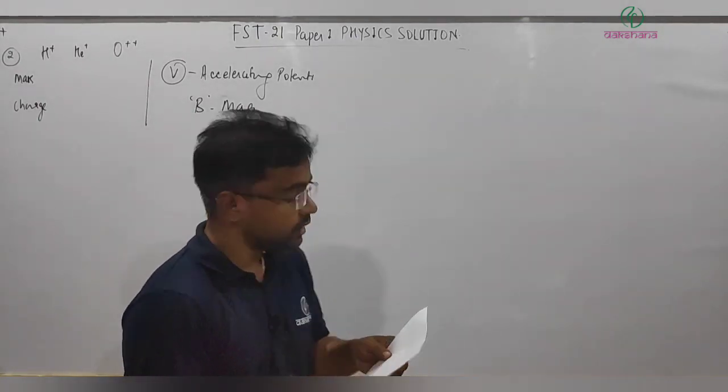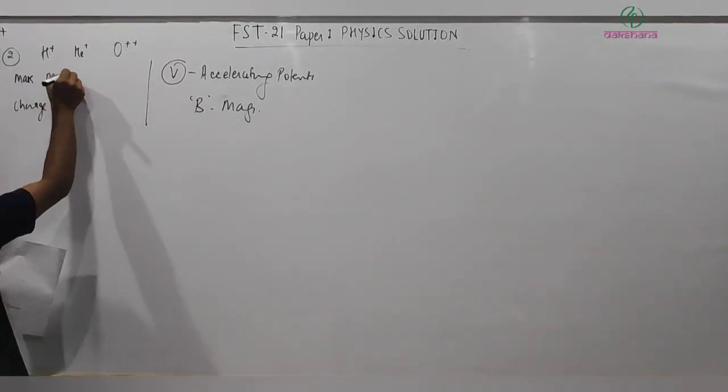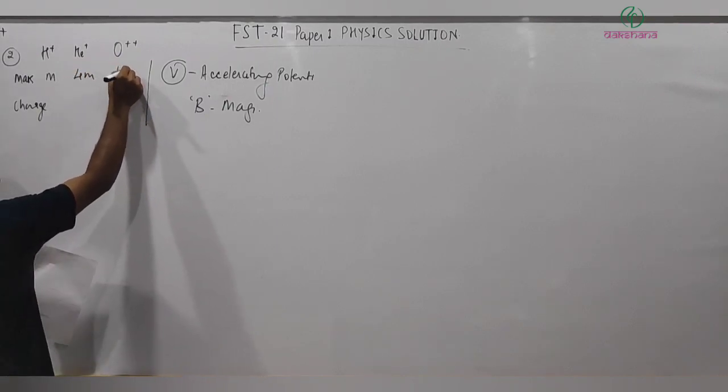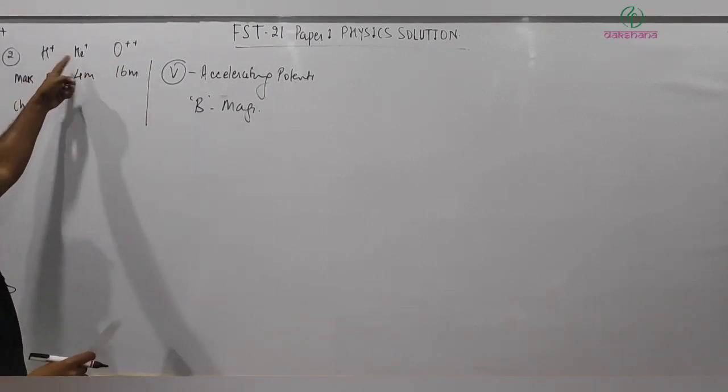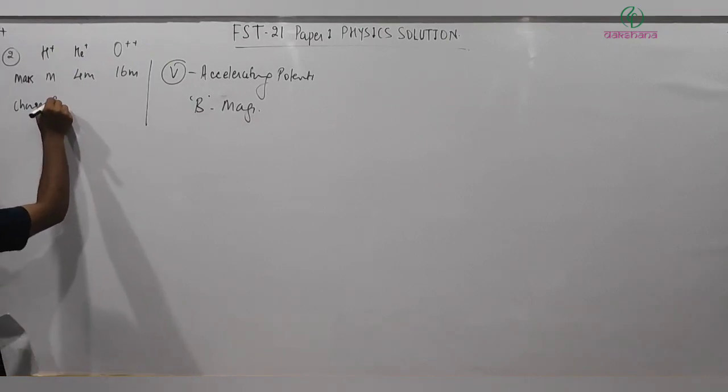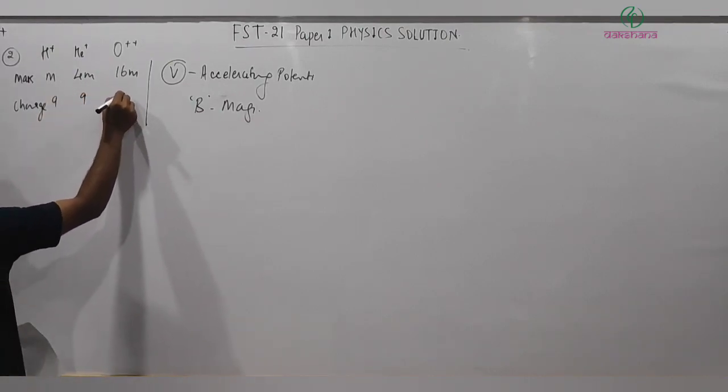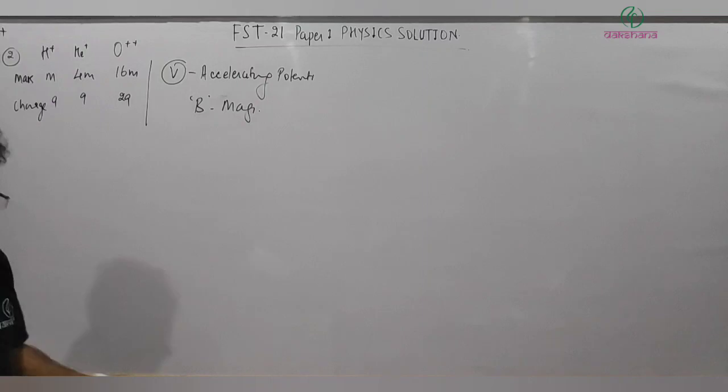The masses are also given. If I take this as m, this is 4m, and this is 16m. According to this, I can write the charges. If I take this charge as q, then it is also q, and it is 2q.